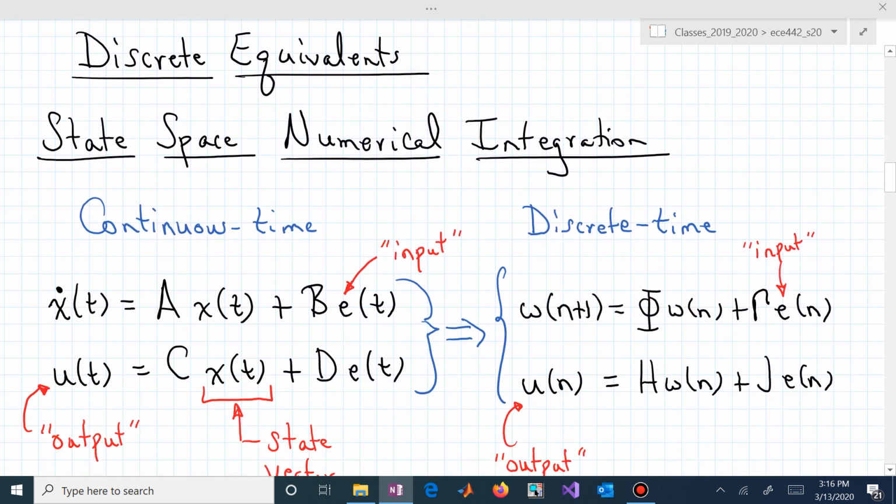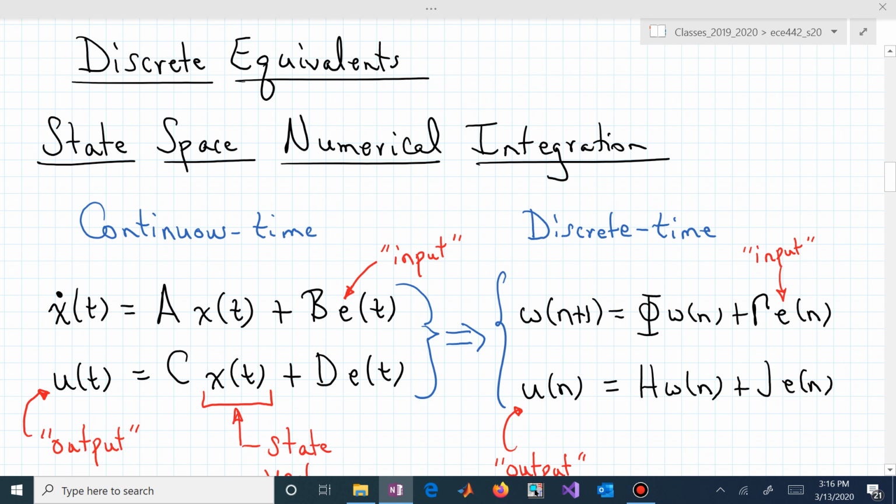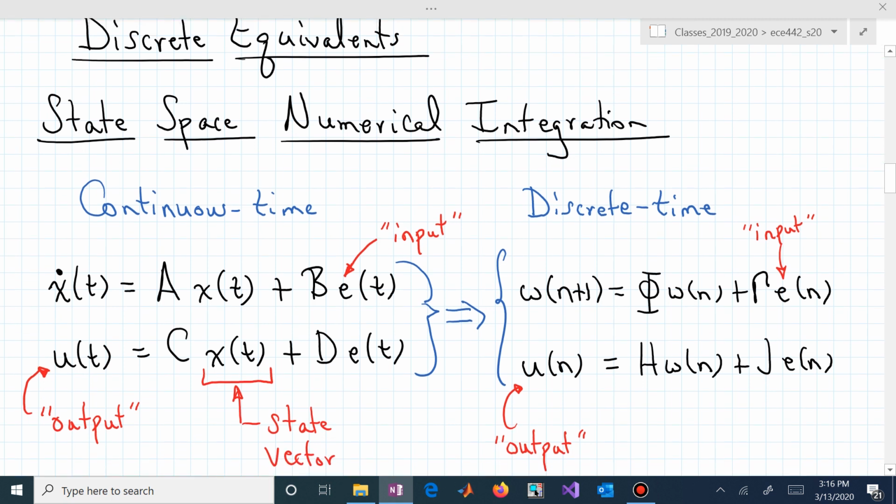Let's set that up. Here's our discrete equivalent for a state space representation, and we want to use a numerical integration strategy. Here I'm assuming that we have this model in the continuous time setting.